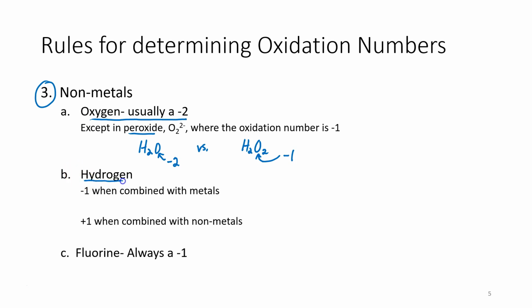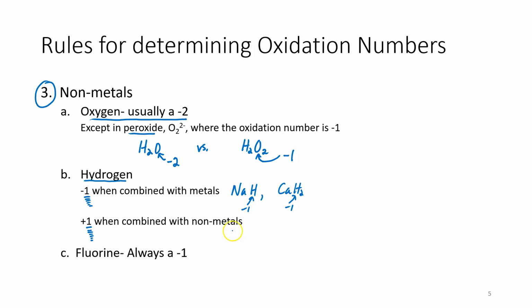Hydrogen can have a couple of different oxidation numbers. It's a -1 when combined with metals, for example, as in sodium hydride or maybe calcium hydride. Here, the oxidation number of hydrogen would be a -1. In compounds where hydrogen is combined with nonmetals, its oxidation number is a +1.